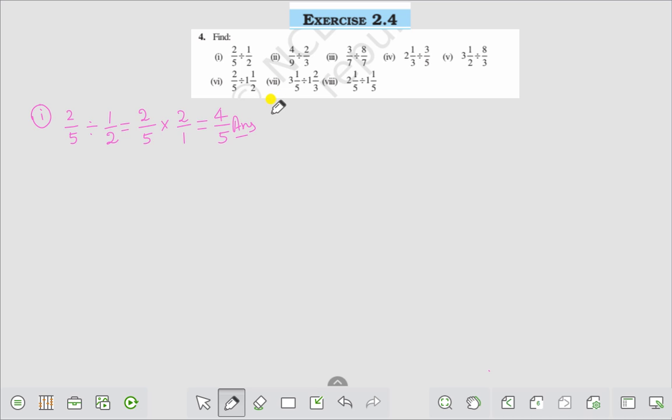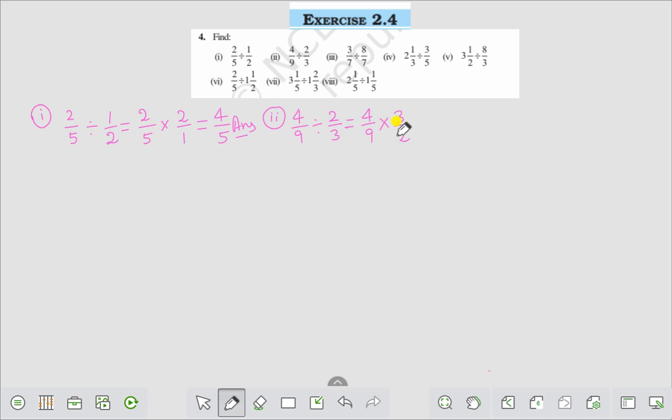Now question number 2 is 4 by 9 divided by 2 by 3. That will be equal to 4 by 9 divided by, which can be written as into, and the reciprocal of 2 by 3 is 3 by 2. 3 by 2.